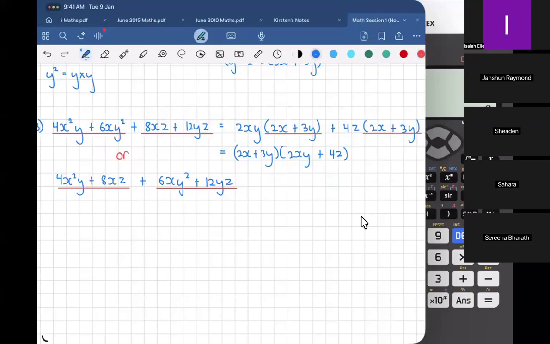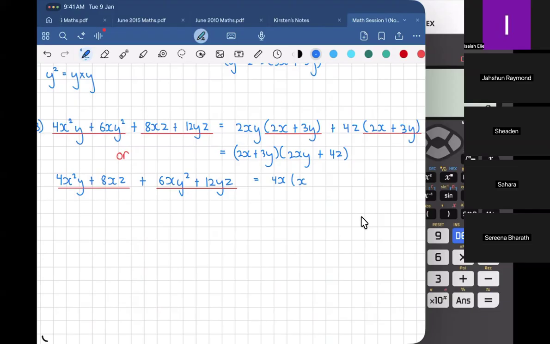We will see. So we have 4x squared y and we have 8xz. What's common between 4 and 8? 4 is in common, and we have x in common as well. Then we will write x to get back x squared.